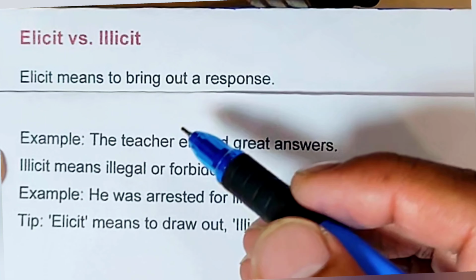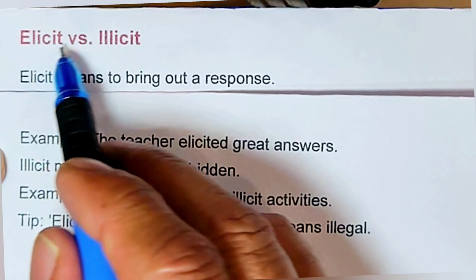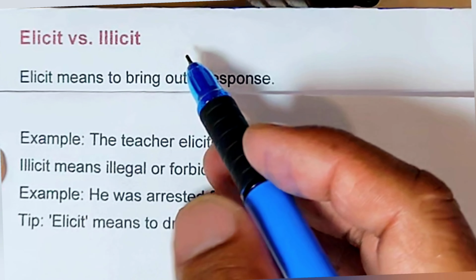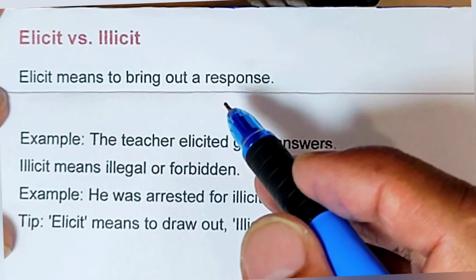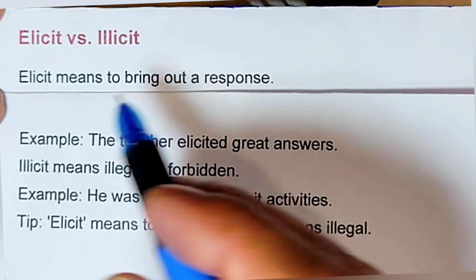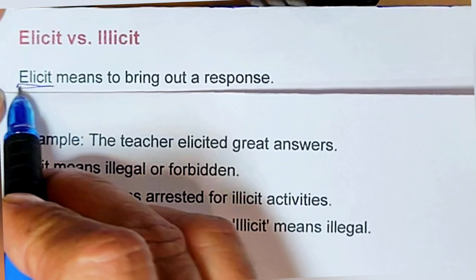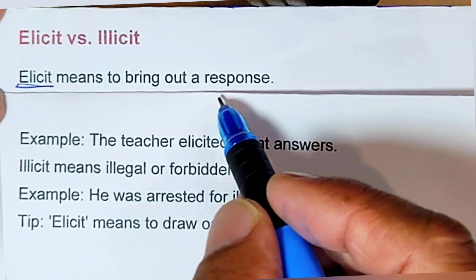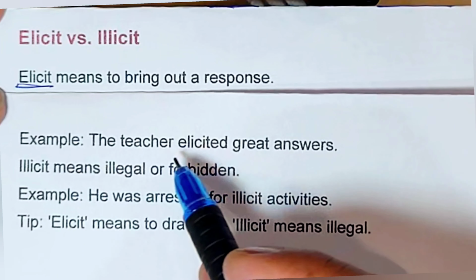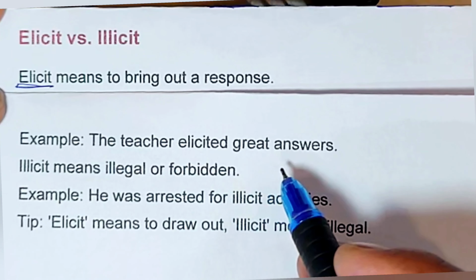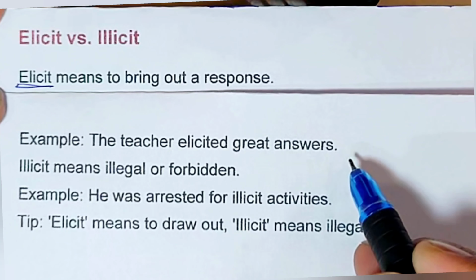Here we go. The next one we have here: elicit versus illicit. Their pronunciation is similar, but their meanings are different. The first one, elicit, means to bring out a response. Example: the teacher elicited great answers.